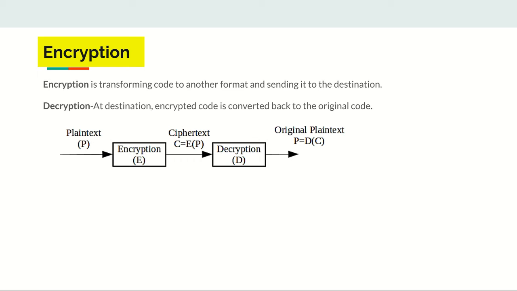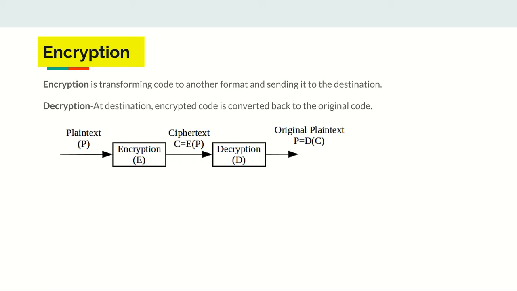Decryption is also a mathematical calculation. Both encryption and decryption are done in a mathematical way. D is the decryption.